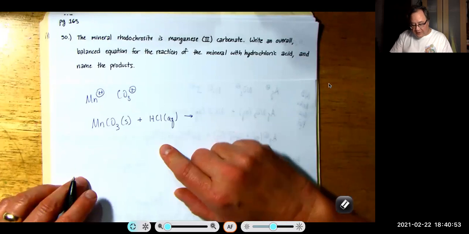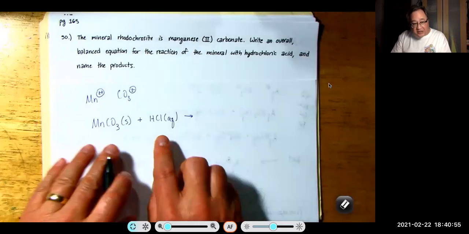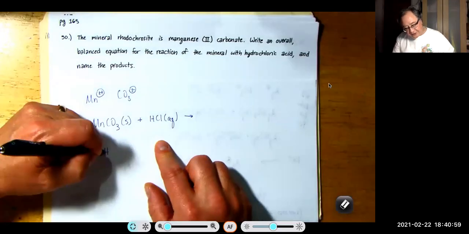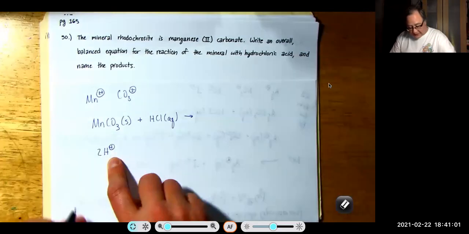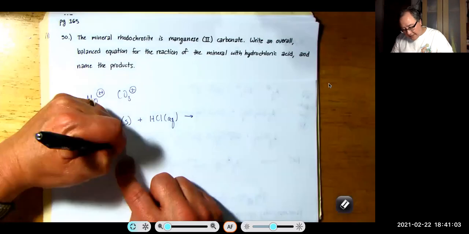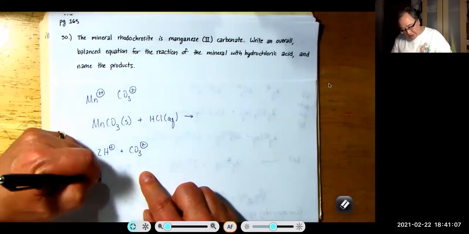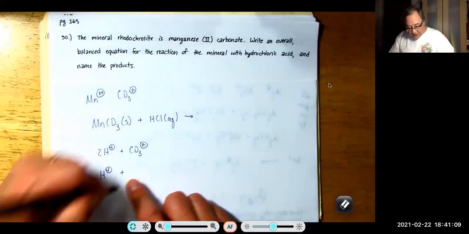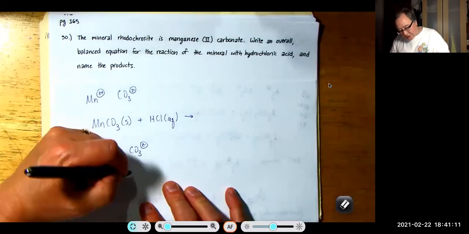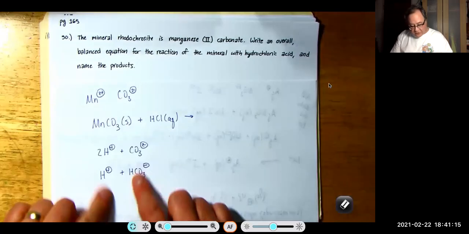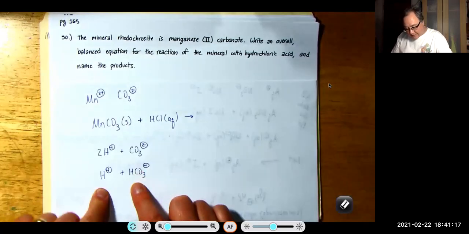Okay, so the deal is to balance these reactions, we have to understand that we need 2 hydrogens from the acid to react with a carbonate from the base, or 1 hydrogen from the acid to react with a hydrogen carbonate from the base. So what do these two things have in common?